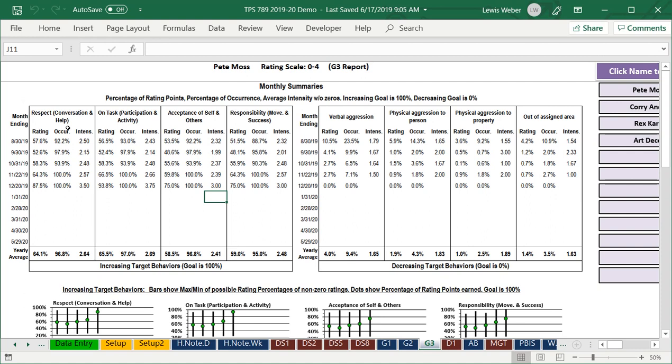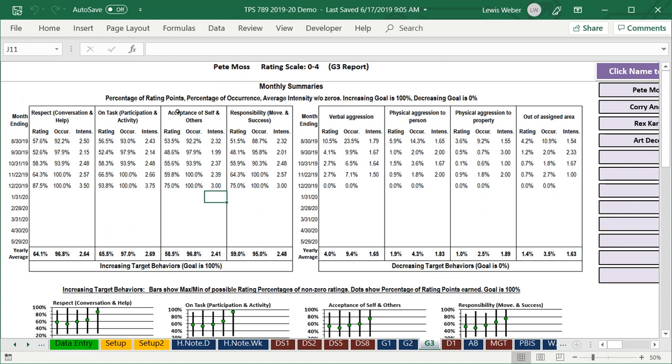So occurrence is defined by some level of performance that's not a 0. So if it's a 4-point scale, it could be a 1, 2, 3, or 4. All of those contribute equally to occurrence. Occurrence only looks at whether it happened or not. It does not evaluate the range of values. That weight goes into the rating. Here we're just looking at occurrence.